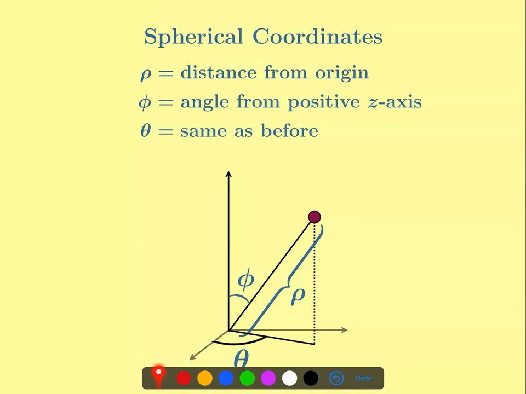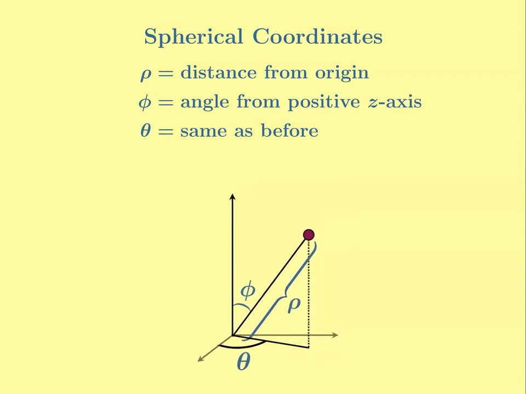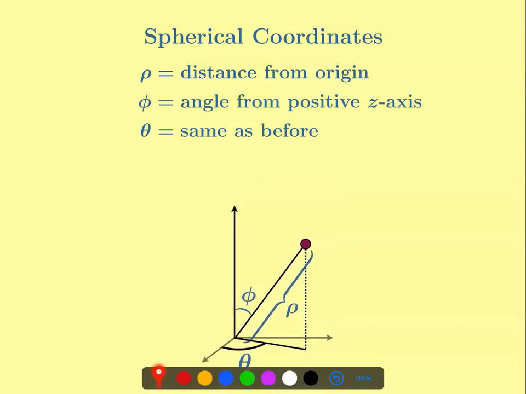Well, we talked about r representing the distance to the origin before, so let me clarify. So what are r and theta in this picture? Well, theta we know, again, it hasn't changed. And r was really looking at the same point down the xy plane. It was the distance to the origin.